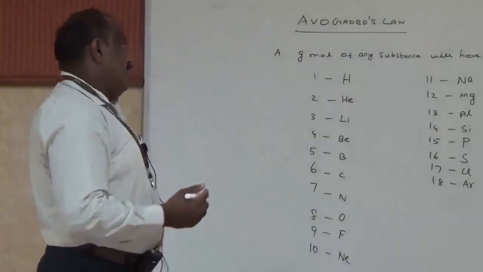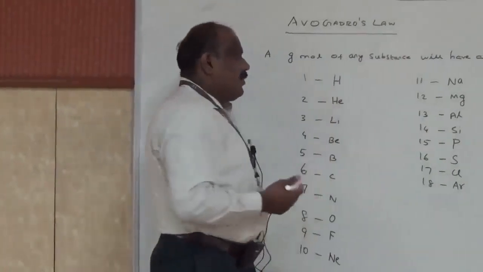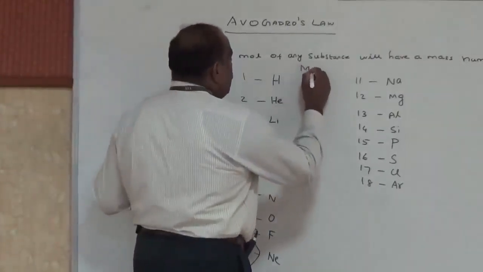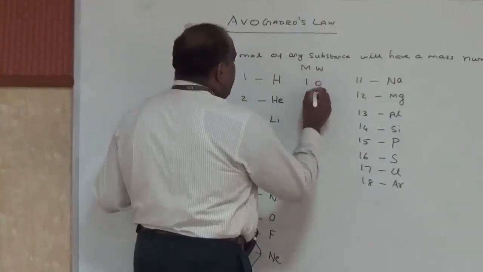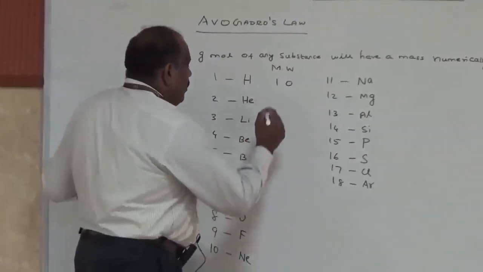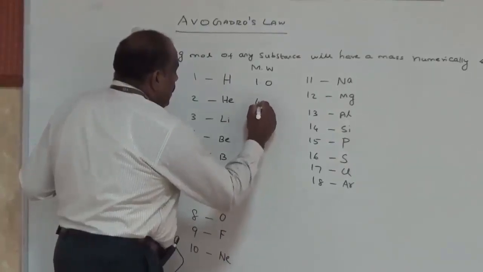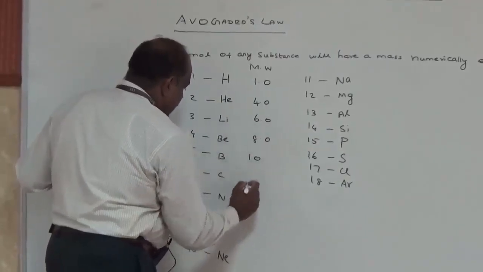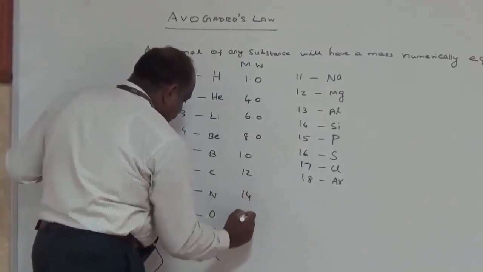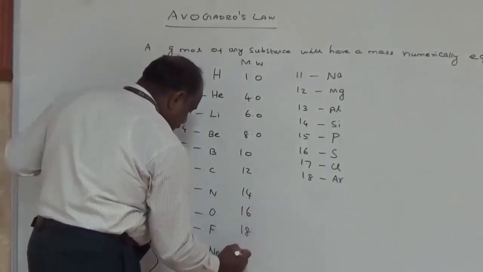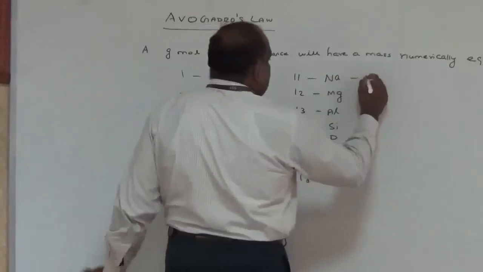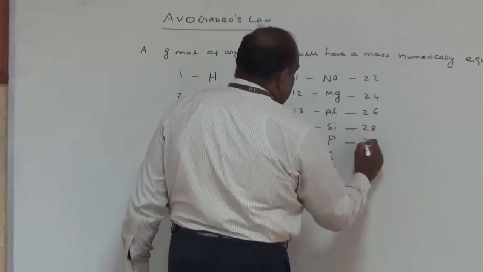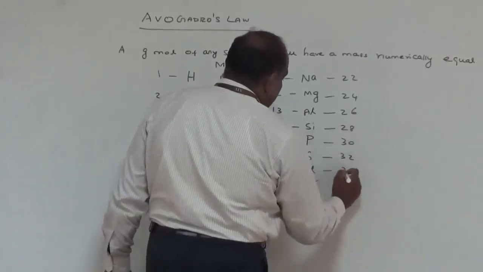Now the next step is the molecular weight. This is called the Mendeleev table, the periodic table, based on increasing atomic number. If you want to see its molecular weight, for hydrogen alone it will be 1. For the other elements, it will be nearly twice the atomic number: 4, 6, 8, 10, 12, 14, 16, 18, 20, and sodium is 22, magnesium 24, aluminum 26, silicon 28, phosphorus 30, 32, 34, 36.